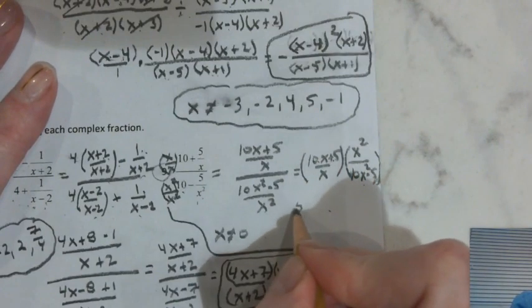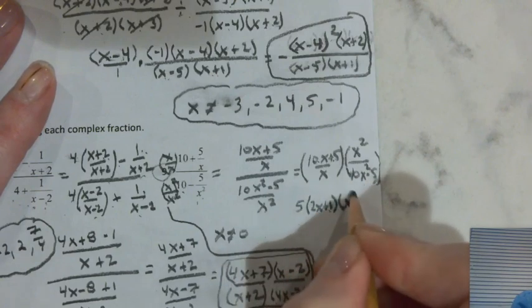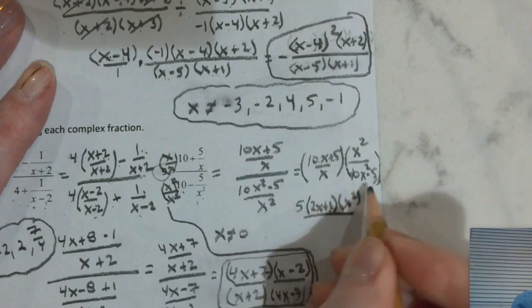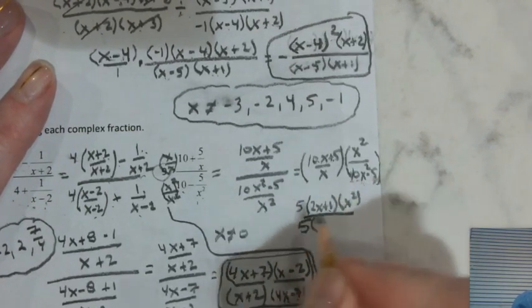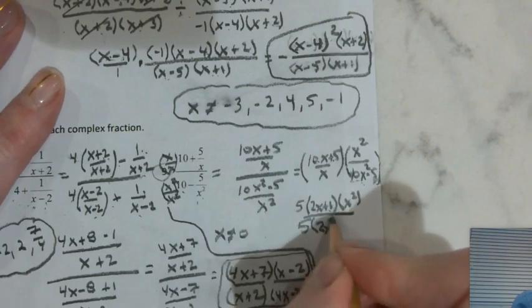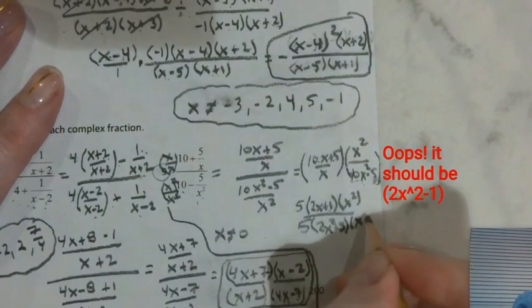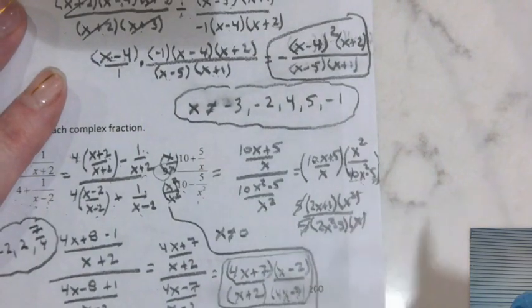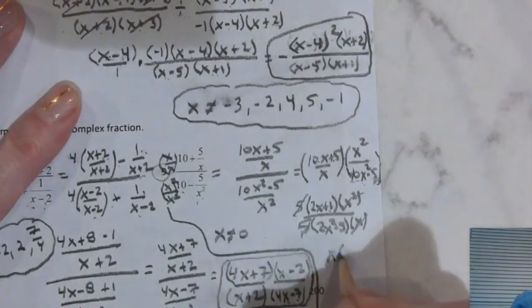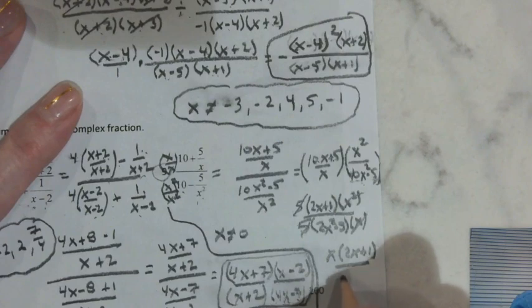So we're going to get 5 times 2x plus 1 times x squared on the top. On the bottom, we're going to factor out a 5 from these two terms, 5 times 2x squared minus 5, and then times an x. 5's cancel. This x cancels with one of the x's up here, so we get x times 2x plus 1, and then on the bottom we get 2x squared minus 5.